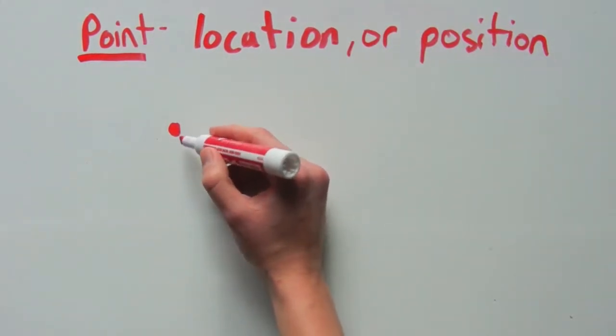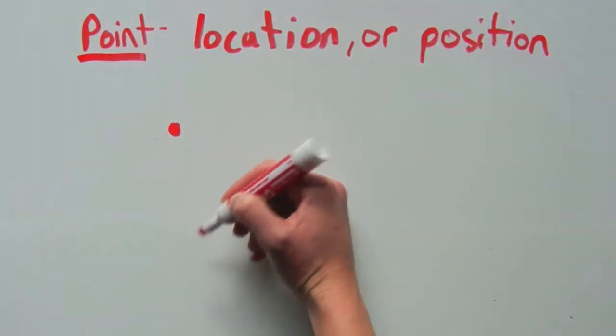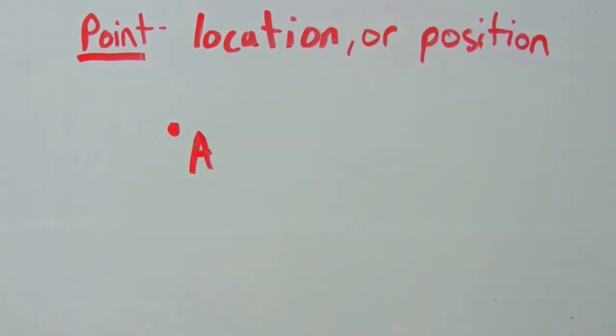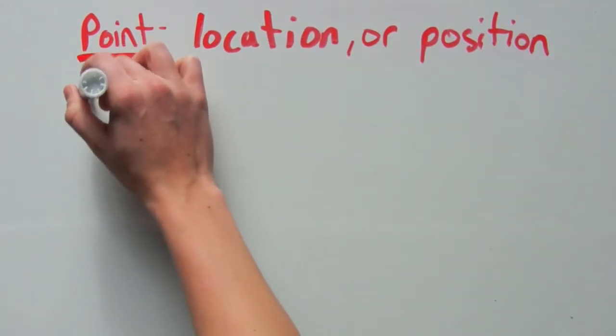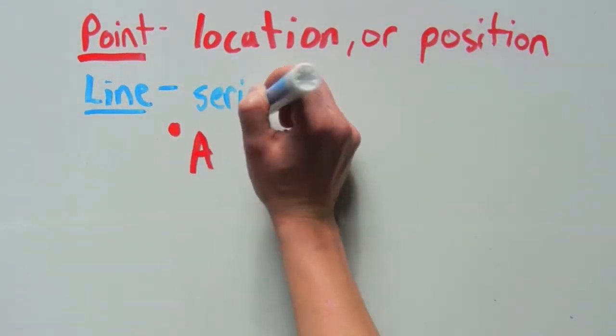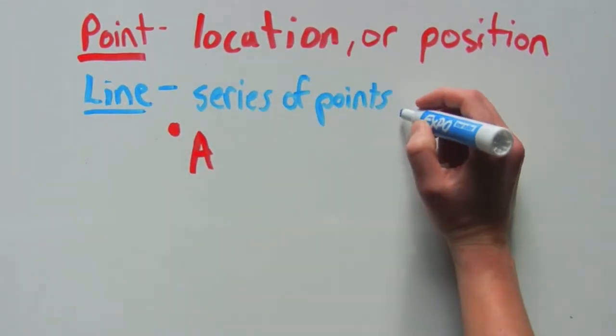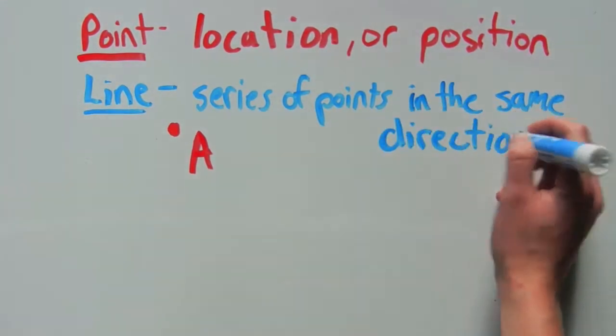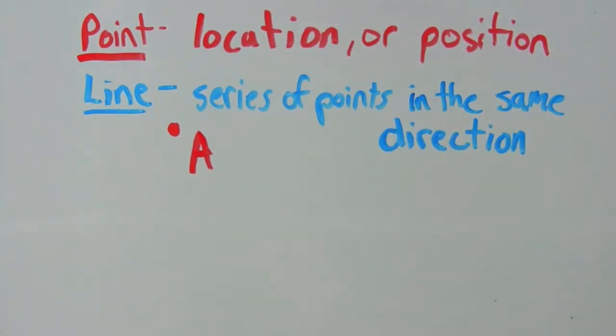And to label a point, we put a capital letter. So this can be point A. Now a line is a series of points in the same direction.